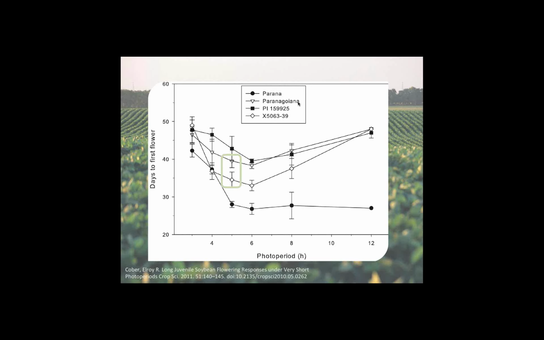So I think that this shows that genetic background is going to play a role in days to flower. And then if you compare and contrast Pranagoyana to 159925, which yes, have different genetic backgrounds, the question also arises, could this phenotypic difference that we see be attributed to different alleles at the long juvenile locus?